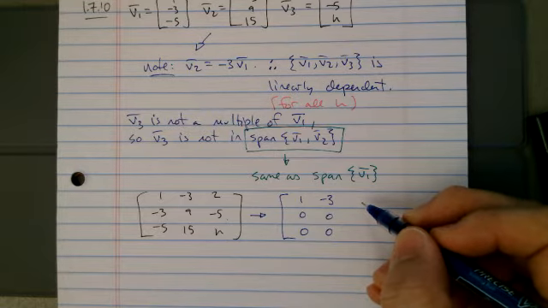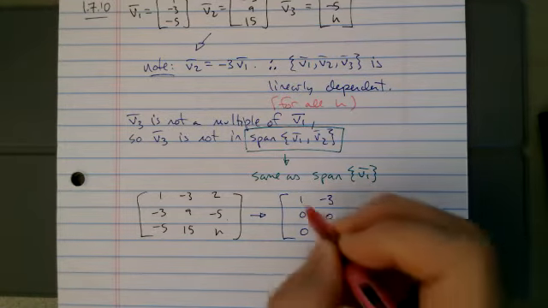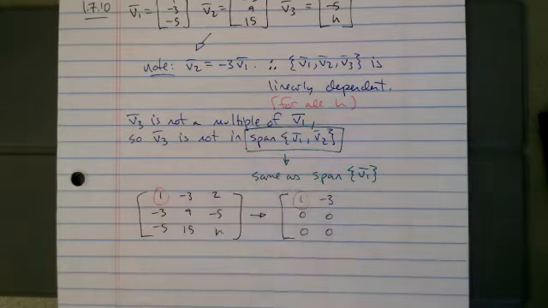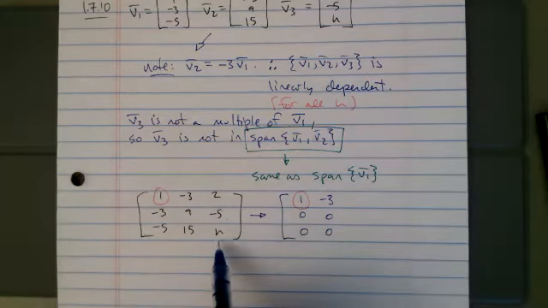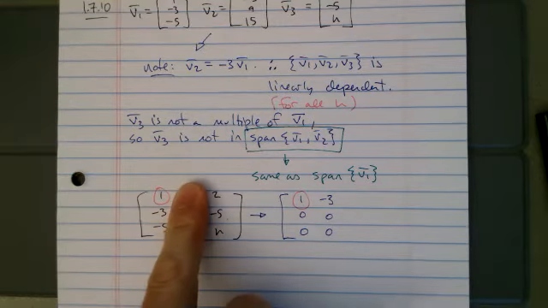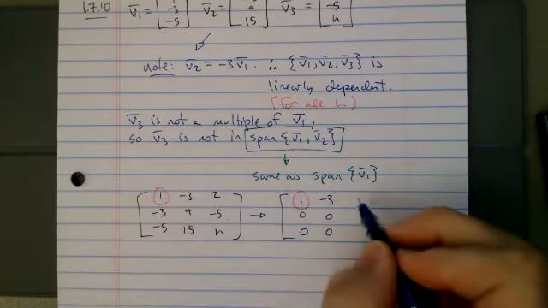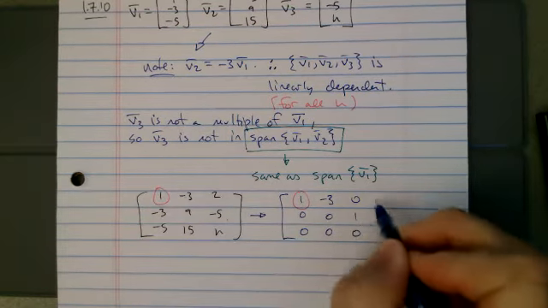The reduced row echelon form. Got a pivot here. Second column, not a pivot column. The third column, since we see that it is not a combination of the first one, is going to be a pivot column. And we know what that's going to look like.